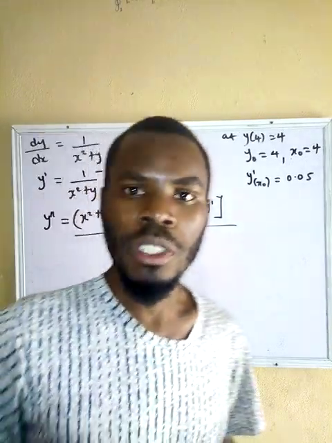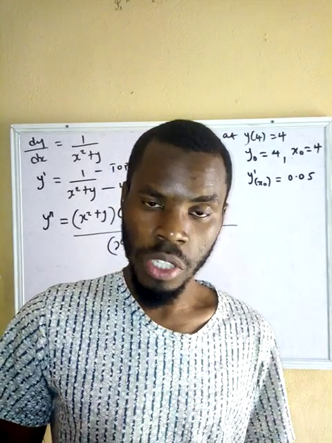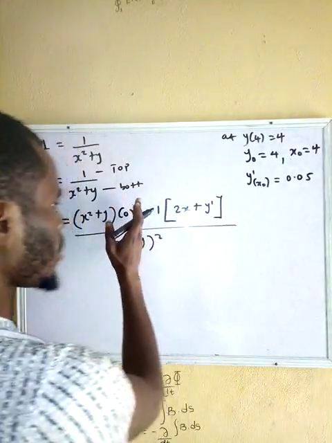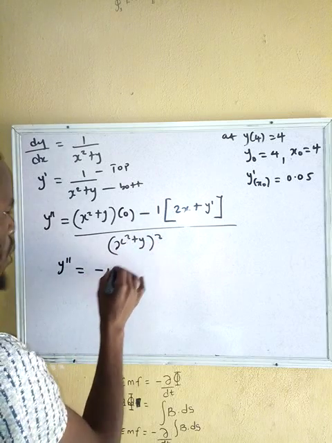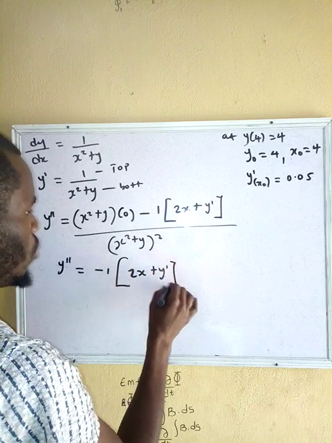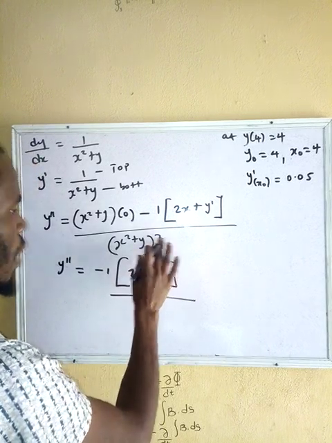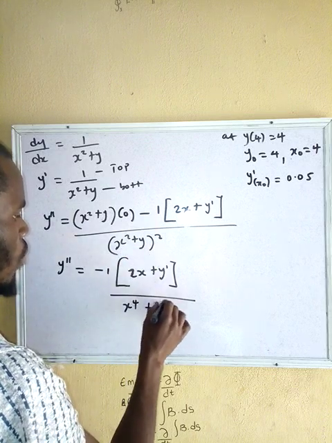The multiplication of any function with 0 is 0, meaning 2 times 0 is 0. So here becomes 0. So y prime prime will be left with minus 1 into 2x plus y prime, close bracket, all over, you distribute this power to the expression inside, it becomes x to the power 4 plus y squared.